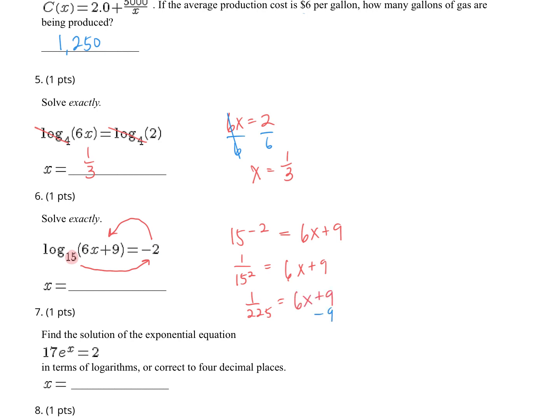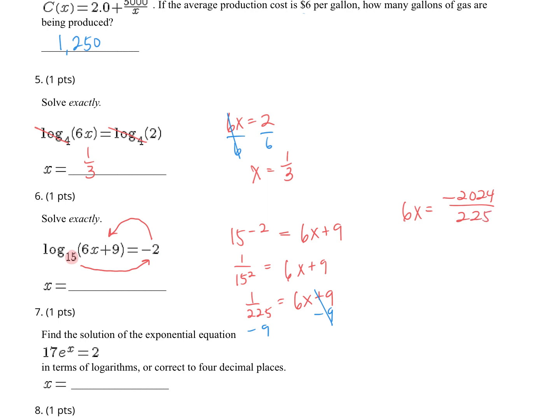We could then subtract 9 from both sides, so 1 over 225 minus 9. Let's get a fraction. Again, I'm using my calculator to do this for me, but I get 6x equals negative 2024 over 225.